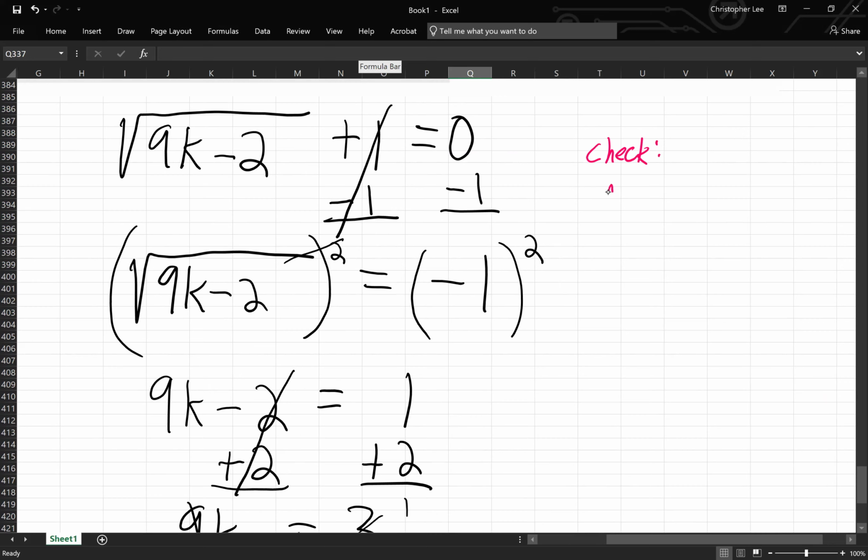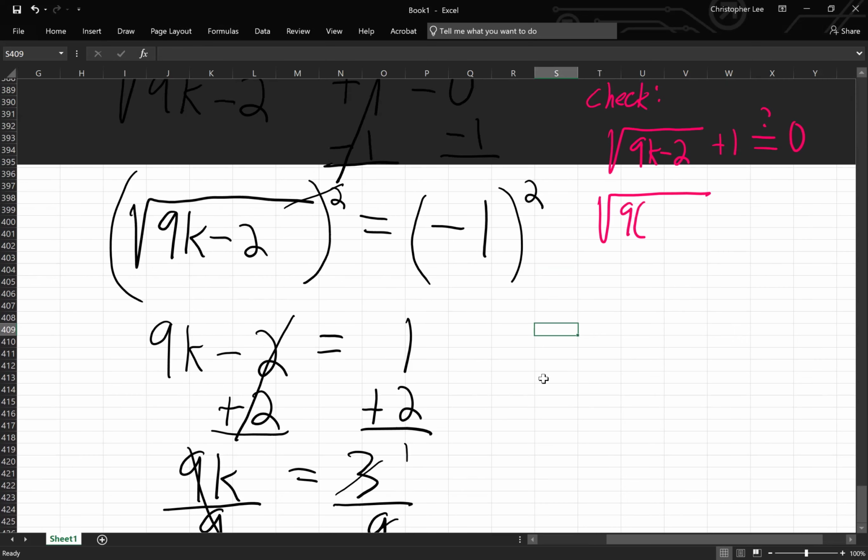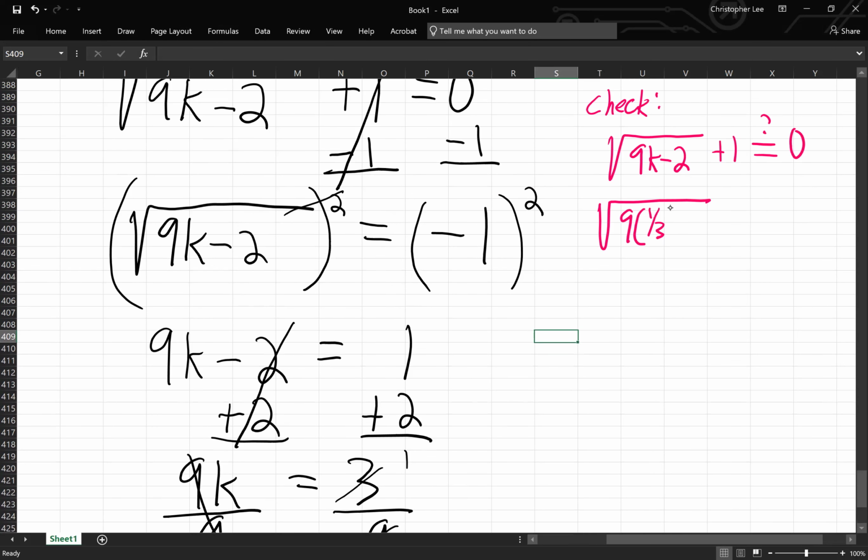So allegedly, the square root of 9k minus 2 plus 1 is equal to 0. And then we have the square root of 9 times 1/3, minus 2 plus 1, allegedly equal to 0.